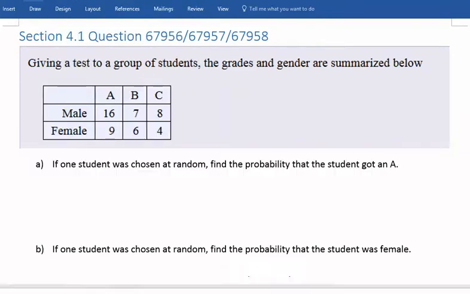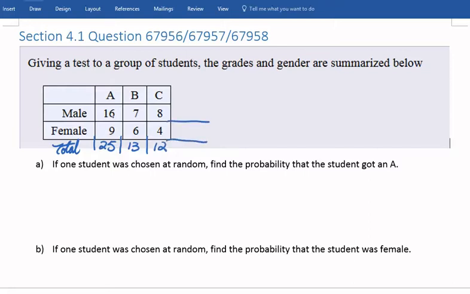So what we need to first calculate is the total of the first column. 16 plus 9, that is 25. This many students, regardless they are male or female, receive an A. And then 13 students receive a B, and 12 students receive a C.